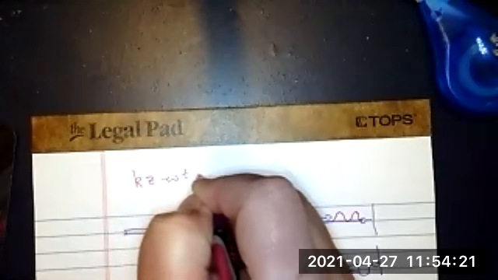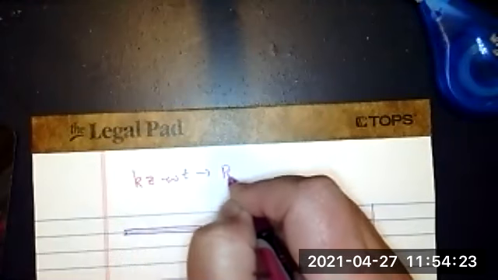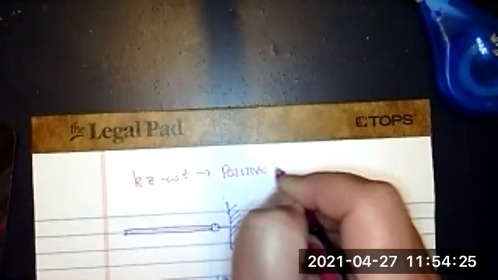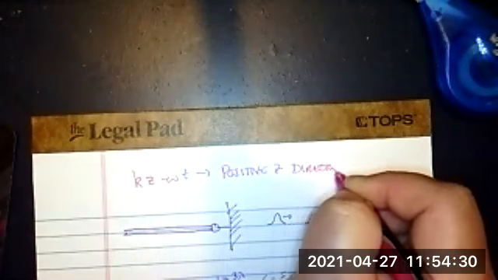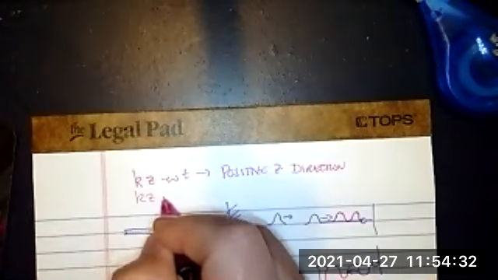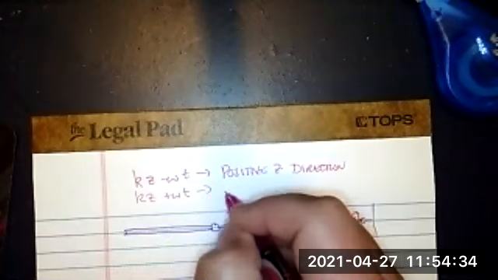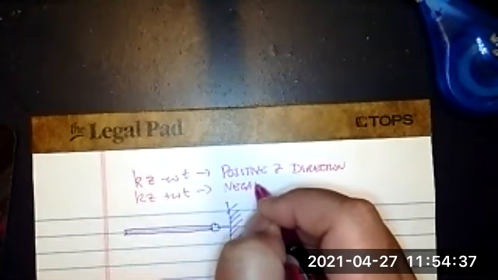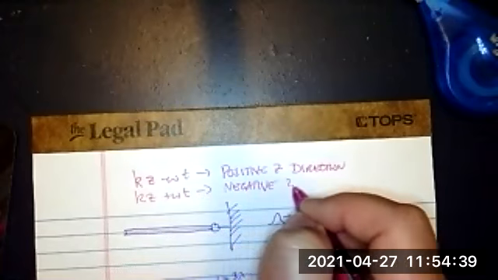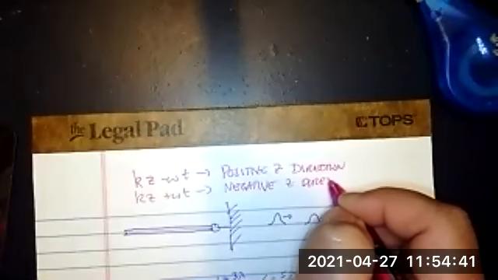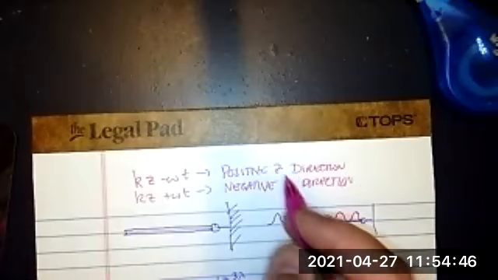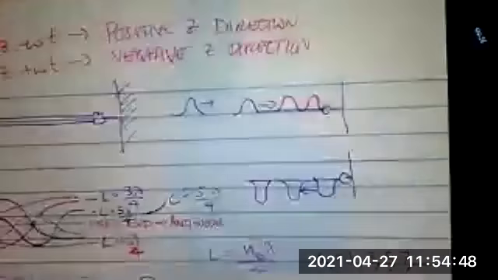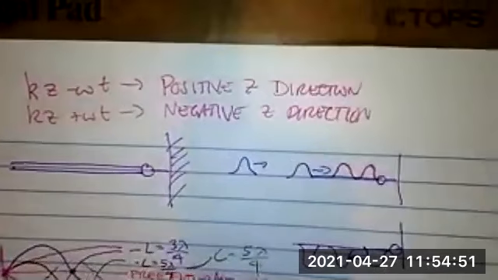So kz minus omega t implies positive z direction, and a kz plus omega t means a negative direction. Of course, if you had a kx instead of a kz, then it'd be the x direction instead of the z direction, and so on and so forth. So those are things to remember about the plane waves.